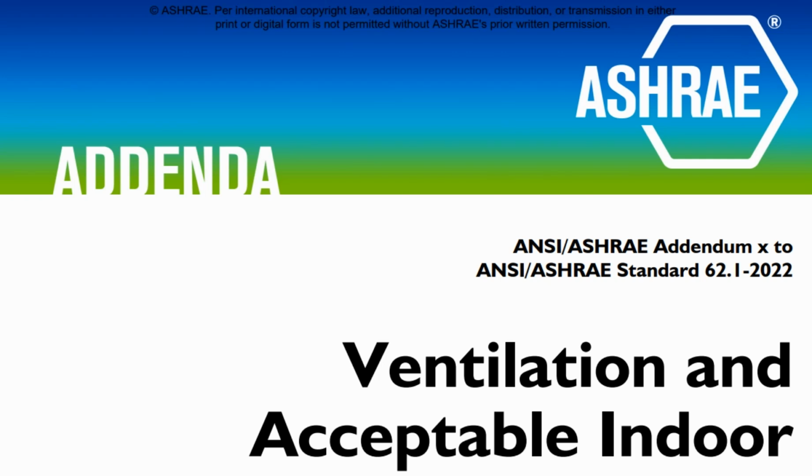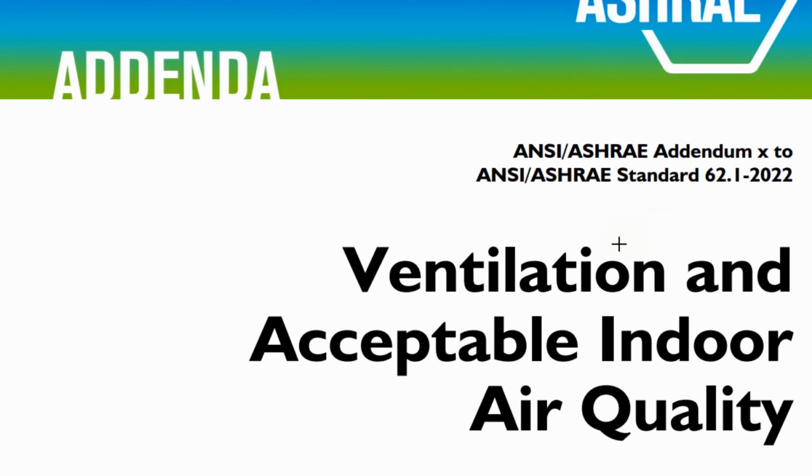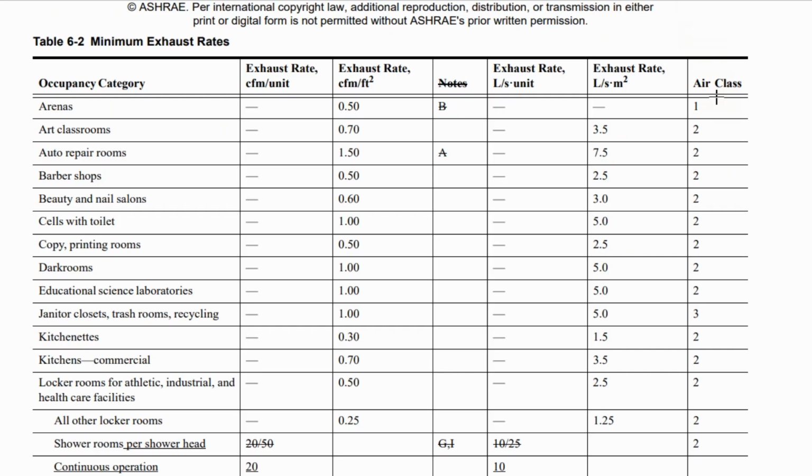To calculate the exhaust air CFM, we will follow ASHRAE standard, ventilation and acceptable indoor air quality. We follow this table from ASHRAE to calculate the exhaust air CFM for toilet. This column gives us the area name. From here you can select the CFM required for the unit, and if we need to calculate the CFM per feet square, then we will select the value from here, corresponding value.